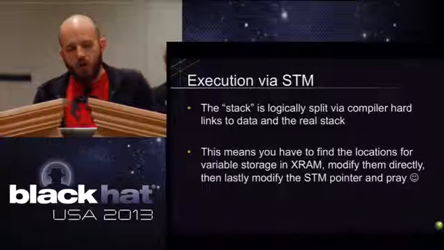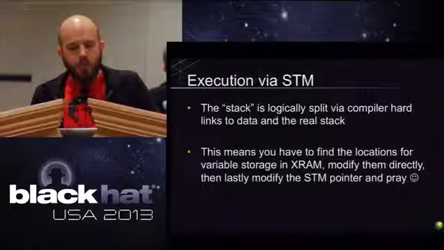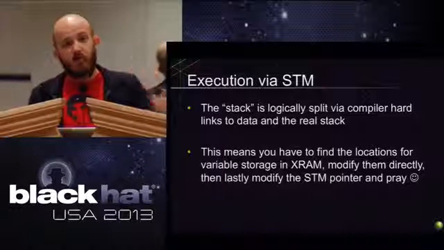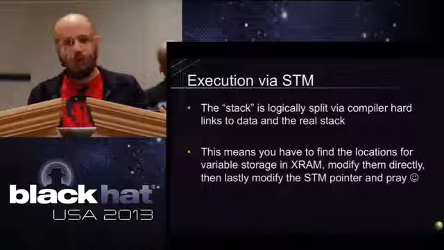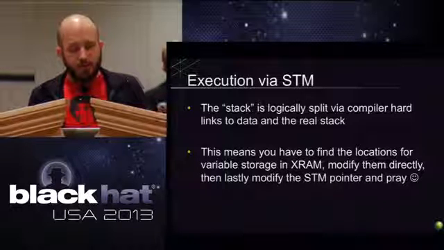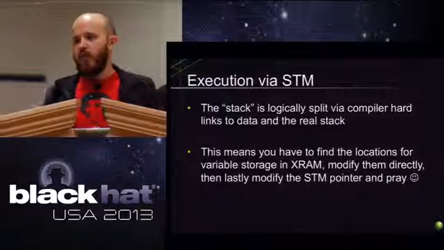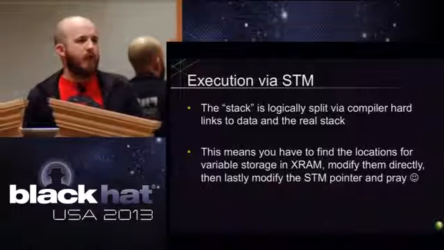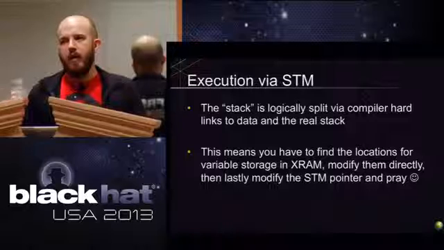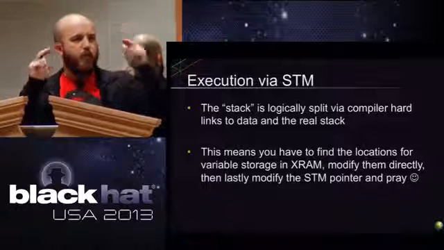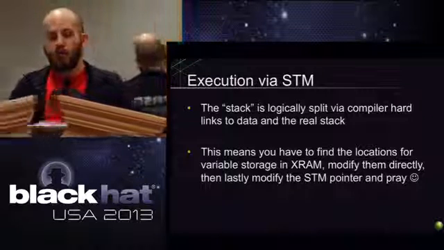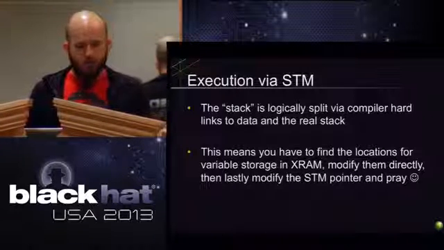Well, that's really hard. So you've got to figure out where the locations for variable storage are, or find which functions are actually using variable storage in static locations in external RAM, which happens most of the time because of the compiler. And then you modify those. When you think about the way normal function control happens on most of our platforms, you stuff a few arguments or pointers to arguments on the stack and then you jump to that location, or you're stuffing them into registers.